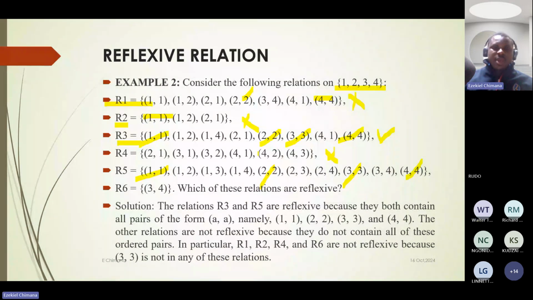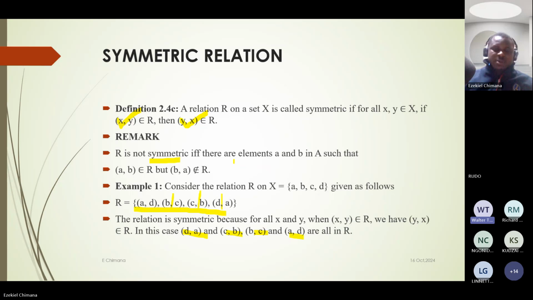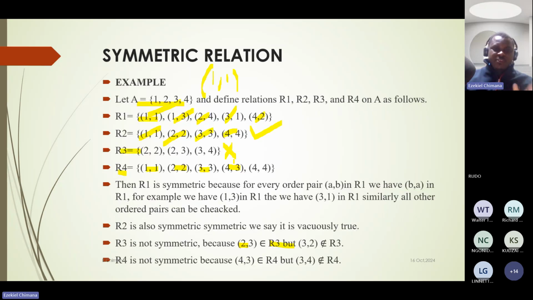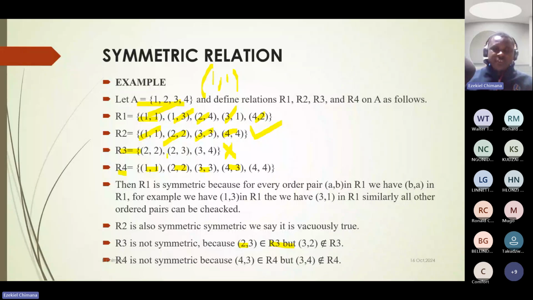And on symmetric, we are saying whenever you have AB, you must have BA. If you have a 2, 3, you must have a 3, 2 in that relation. If there is no 3, 2, then that relation is not symmetric.